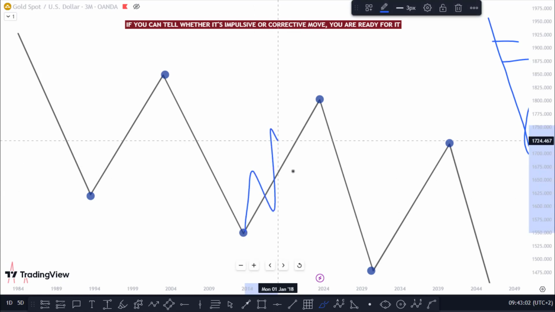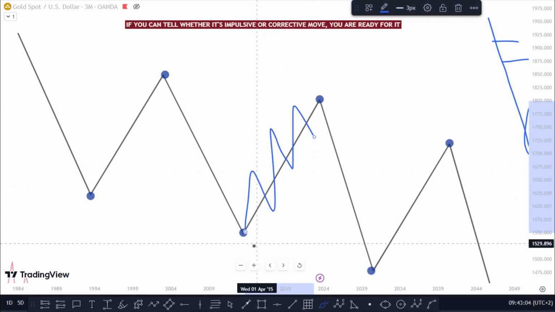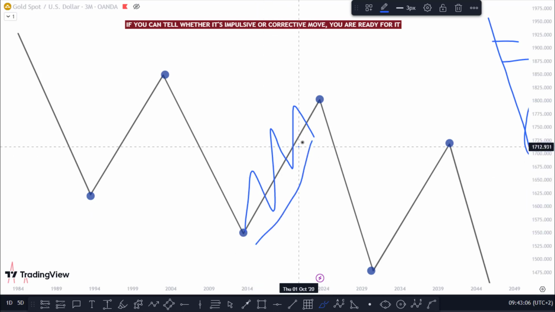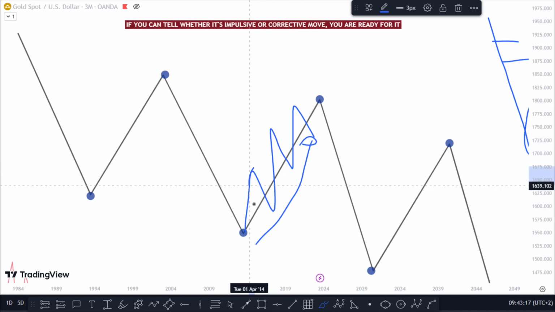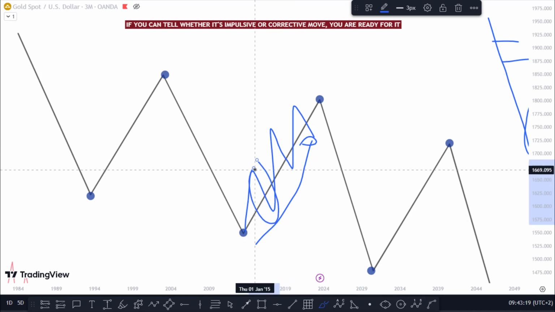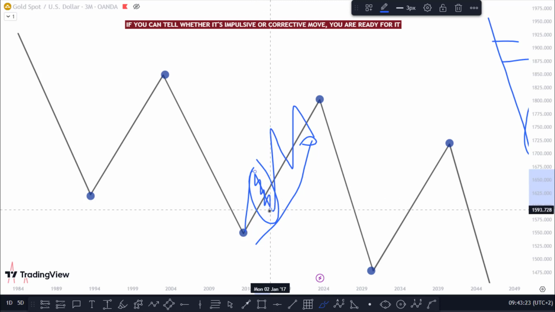So understand, this is a bullish trend on, for example, the weekly time frame. If you decide to start this zone on a daily, it will create its own trend here. So this is a bearish trend on a daily time frame.